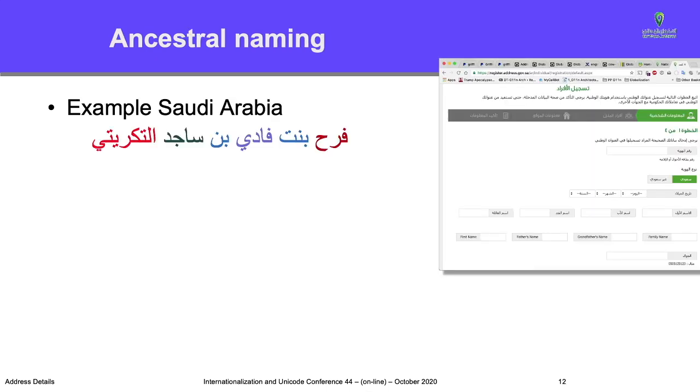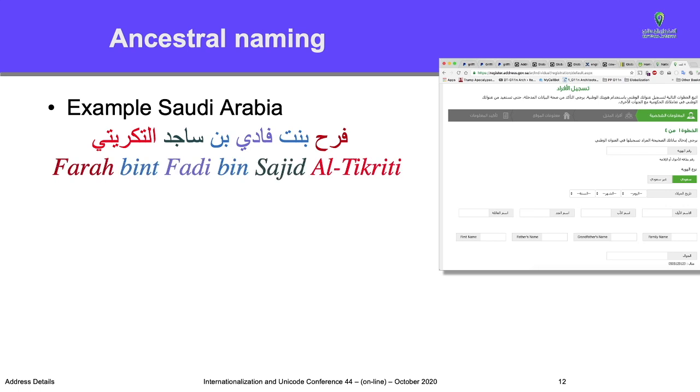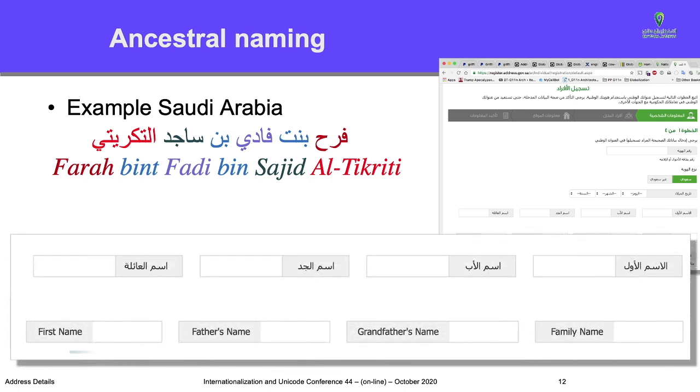Some other areas have ancestral names. One example, Saudi Arabia. So if you have a name like Farah bint Fadi bin Sajid al-Tikriti, you would have to fill in official government forms. This is from Saudi Arabia for a change of address form.